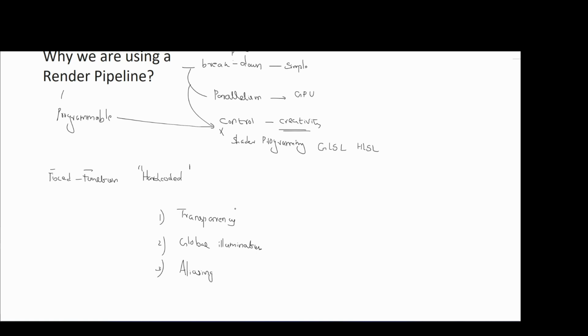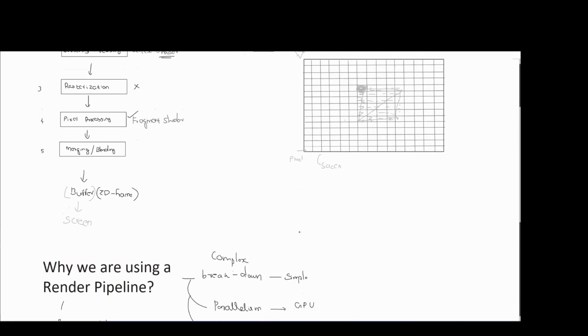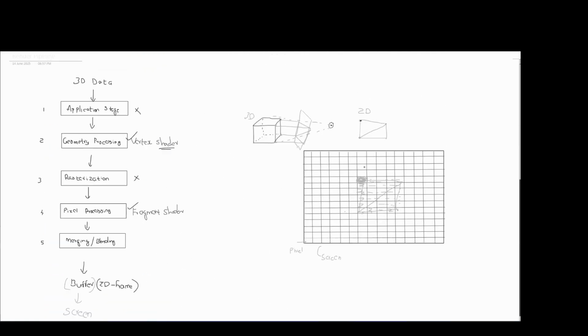Another limitation is aliasing. After rasterization, the 2D coordinates are converted to fragments, a collection of fragments.